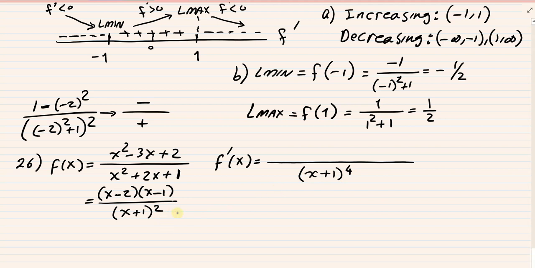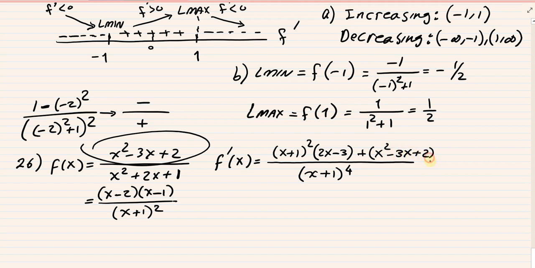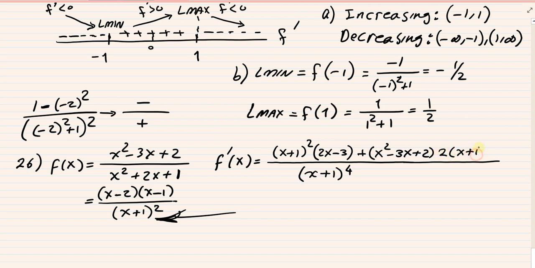Then we repeat the denominator, which is x plus 1 squared, times the derivative of the numerator, which is 2x minus 3, plus the numerator, x squared minus 3x plus 2, times the derivative of the denominator, which is going to be 2 times x plus 1.